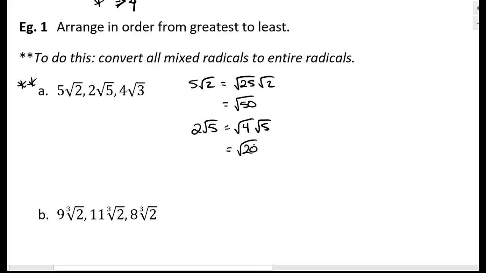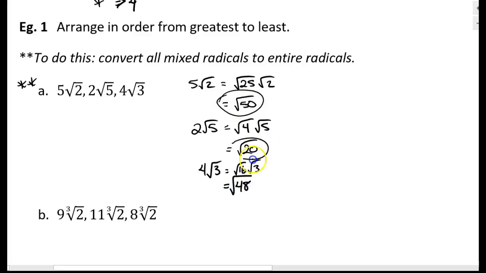So a little bit different just because of that radical and where the numbers are positioned. 4 root 3 is the last one. And what we're looking at here is going to be the root of 16 times the root of 3. And that gives us 48 under that radical symbol.